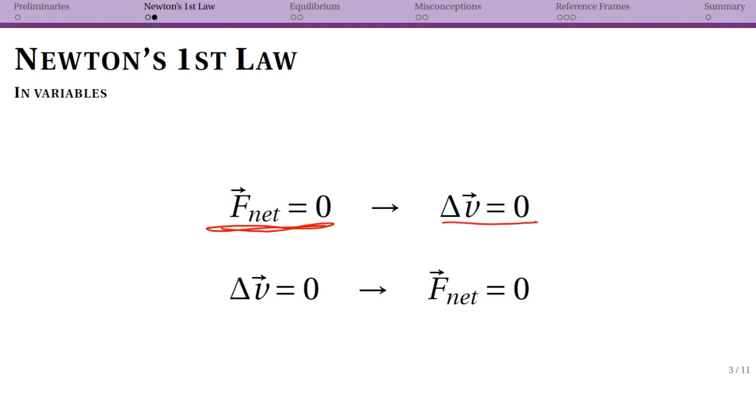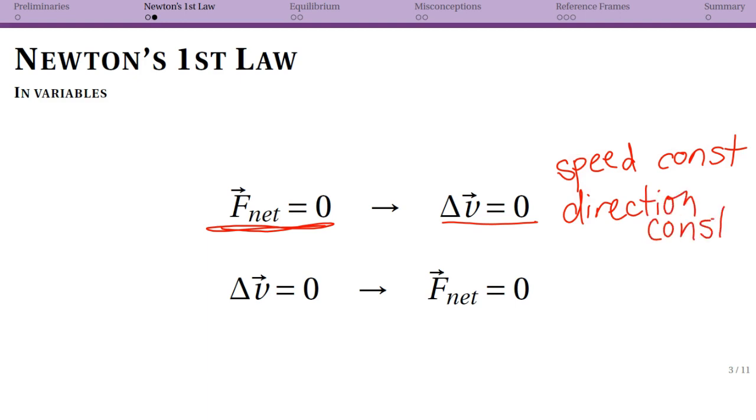So what does this mean? This means that speed is constant, right? But it also must mean that direction is also constant. So that's really important to remember. So again, a changing velocity vector could either be changing in speed, direction, or both. So if we say that delta v is equal to 0, the speed must be constant and the direction must be constant. Another way that we would write this is that the acceleration vector is equal to 0.